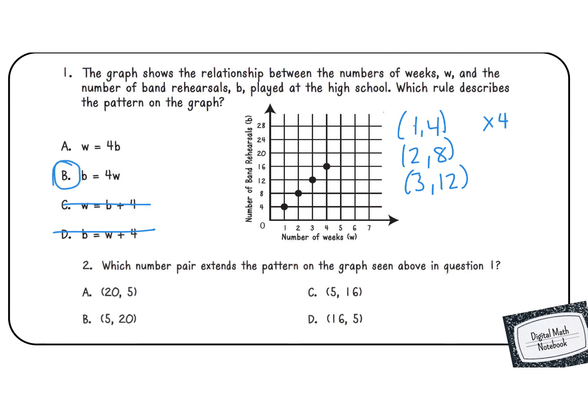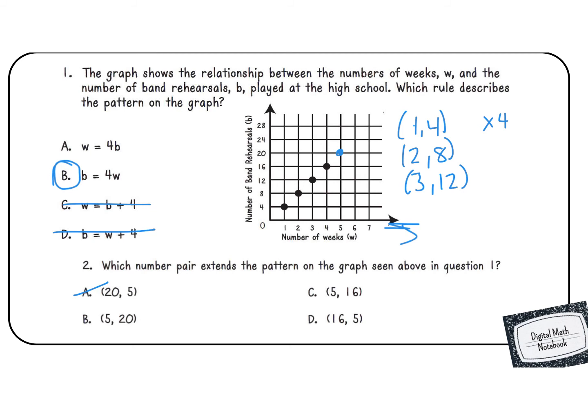And part 2 says, which number pair extends the pattern on the graph? So let's see. If we try number 1, we're going to go over, number 20 weeks, we don't want to go way down that. That's not even on our graph. So it's not A. All right, B says over 5 and then up to 20. Oh, that looks like it'd be right there.